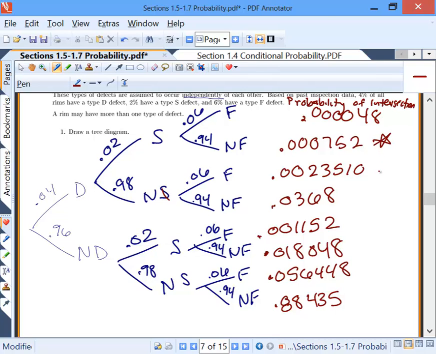Third one? Let's see, 1, no, 1 more, so yes. Okay, this one? Let's see, that's only 1, so no. The next one? Next one? And the last one? No. So, what do I have to do? Just add up those probabilities.